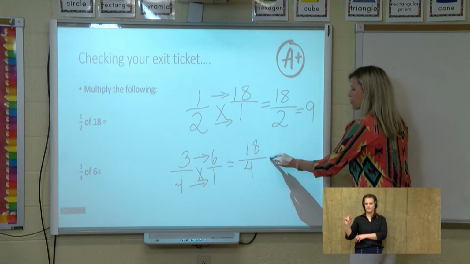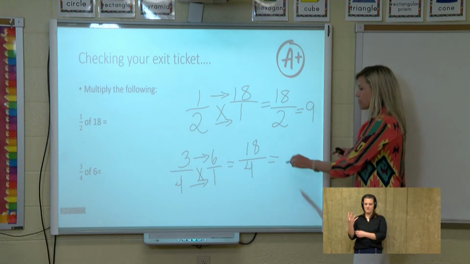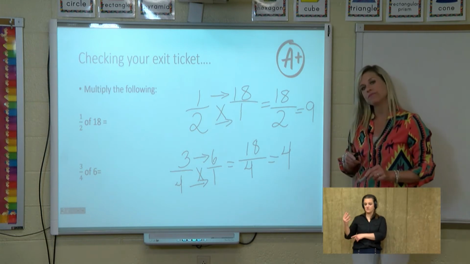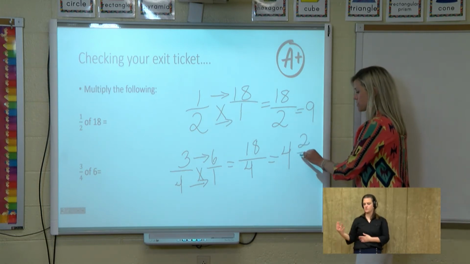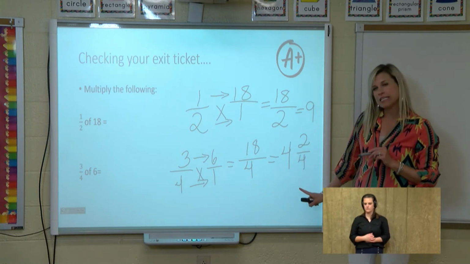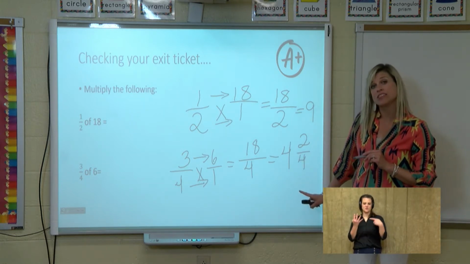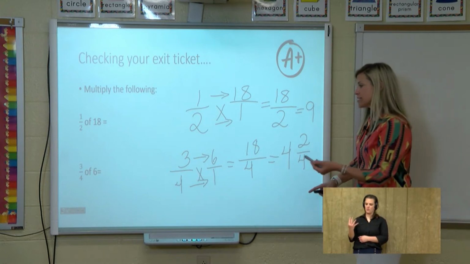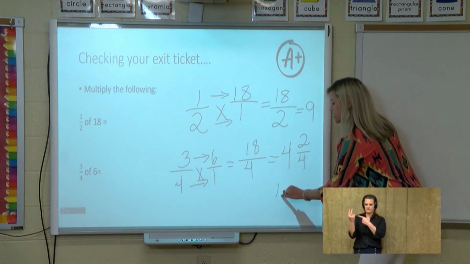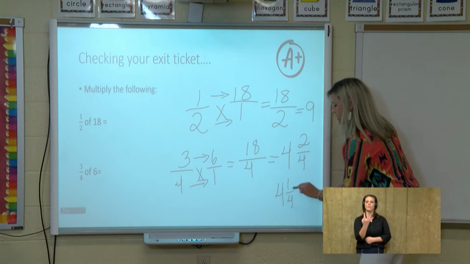So I'm going to go with 4 times 4, which is 16, and then you'll have 2 left over to make 2/4. When I see 2/4, can I make that more simple? Yeah, 2 is half of 4, so our product is actually 4 and 1/4.